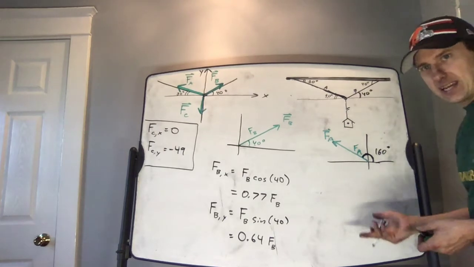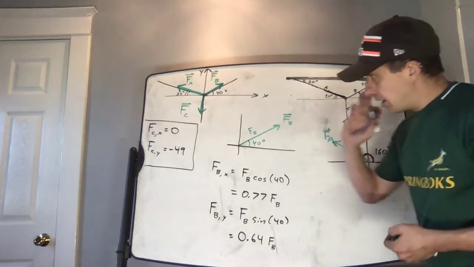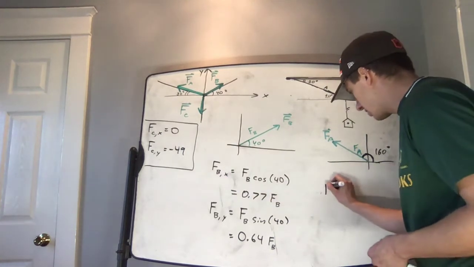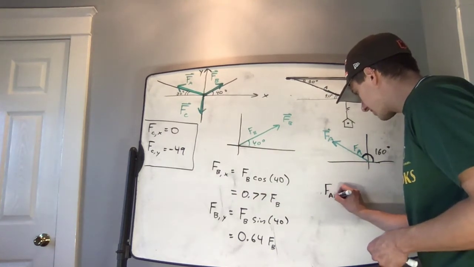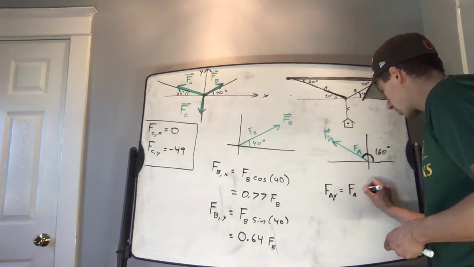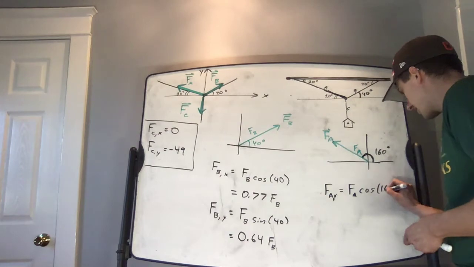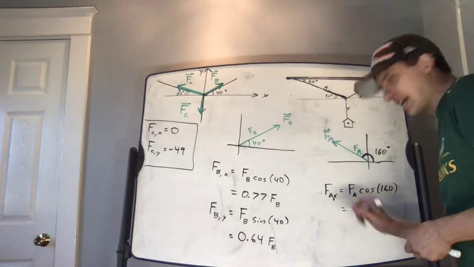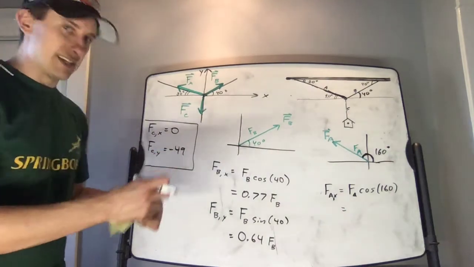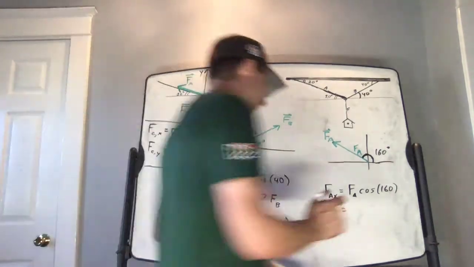So I could say the force of tension in cable A in the X direction, FAX, is equal to FA cosine 160. And if I put that in a calculator, I get FA cosine of 160 is negative 0.94 FA.